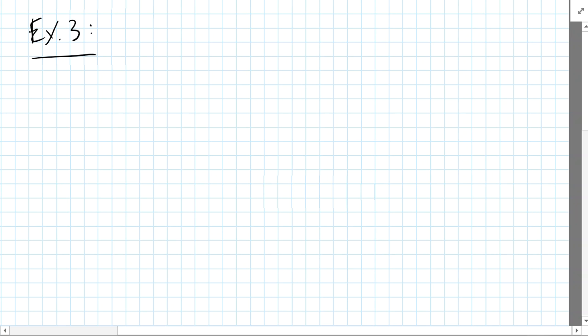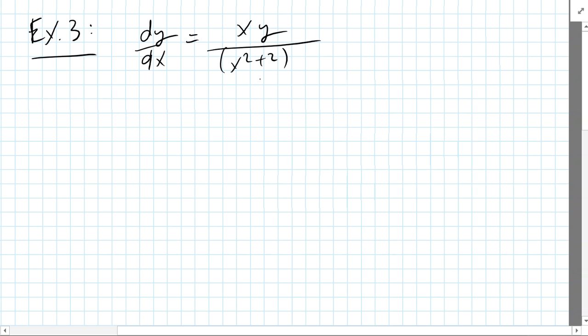Example 3 is, I'm going to do dy/dx is equal to x times y over x squared plus 2. And I'm going to say, find the general solution of the differential equation. Is that another way to say the same thing?